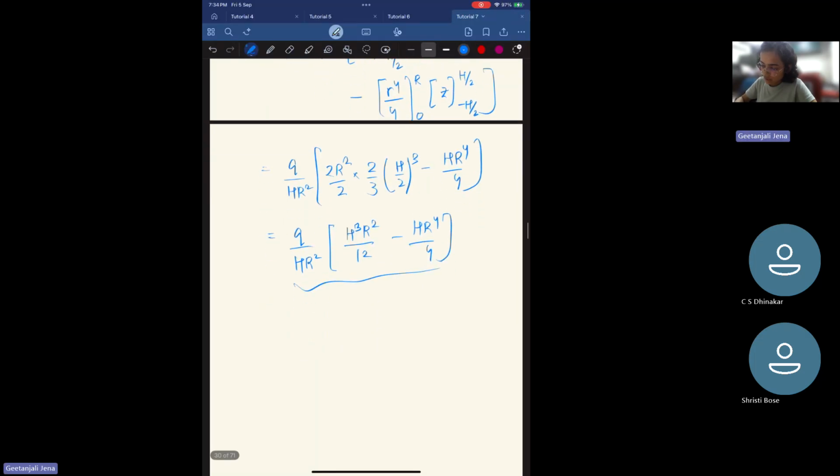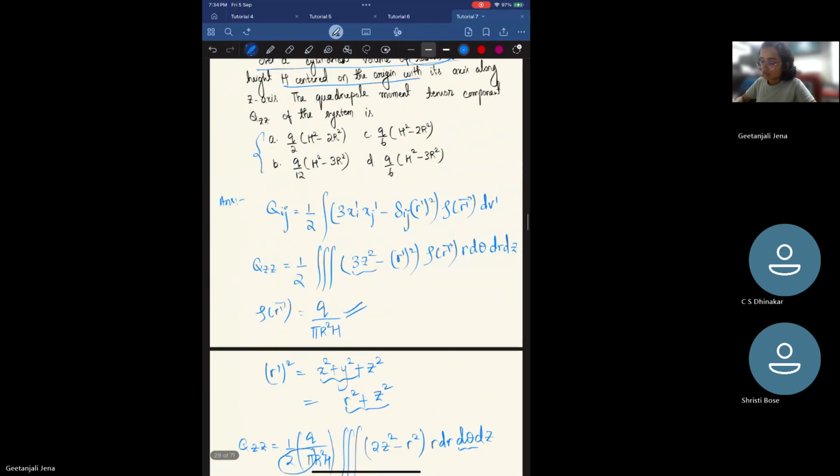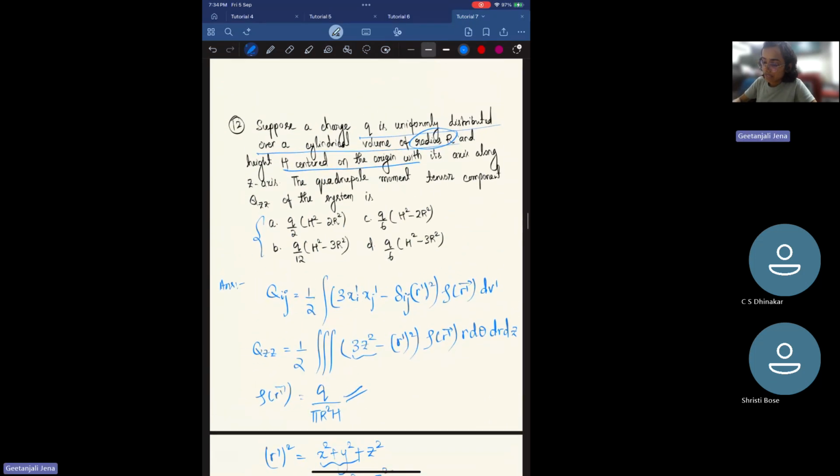So this will give Q by 12, (H squared minus 3R squared). Option B.